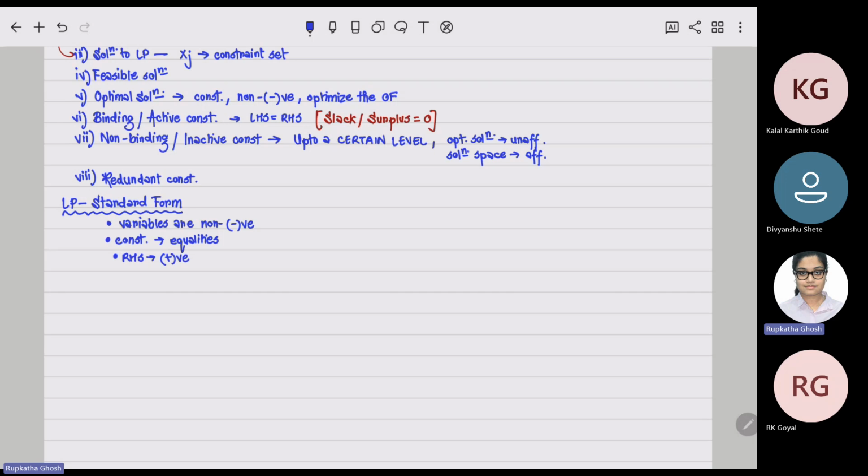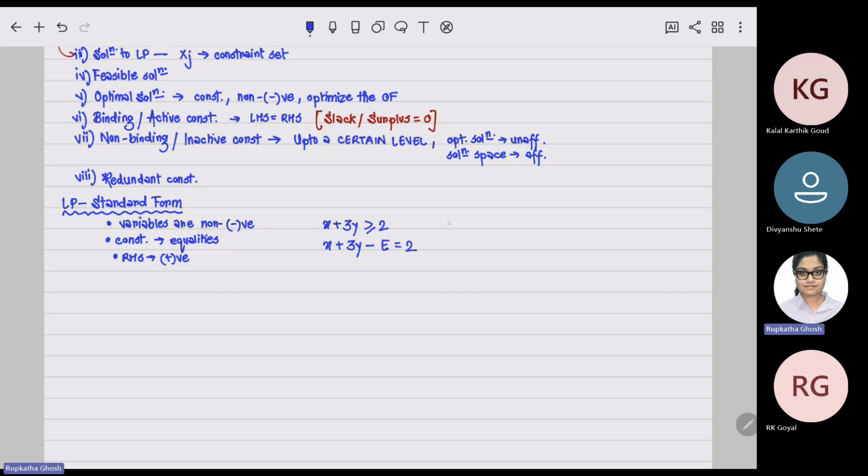Let's say you have inequality constraints. Then how will you make them into equalities? You will add slack variables to less than or equal to constraints and subtract surplus variables from greater than or equal to constraints. For example, let's say you have a constraint like x plus 3y greater than or equal to 2. To make it an equality, x plus 3y minus e is equal to 2.